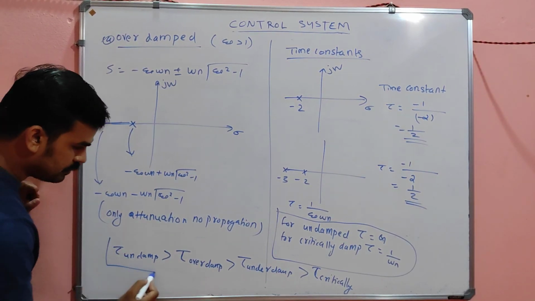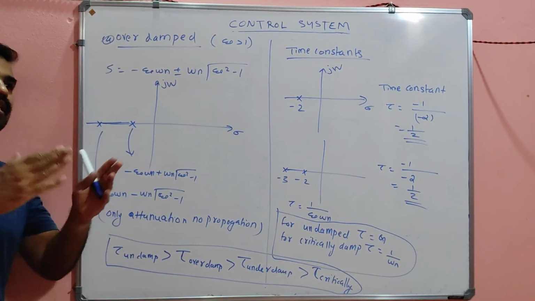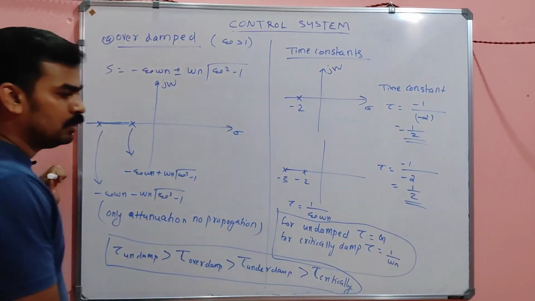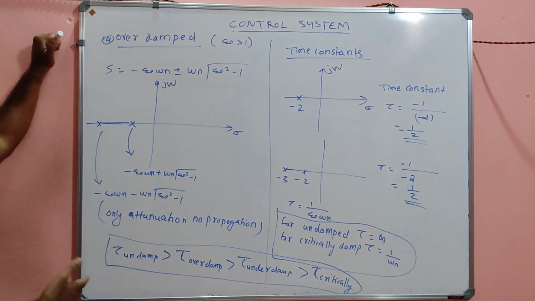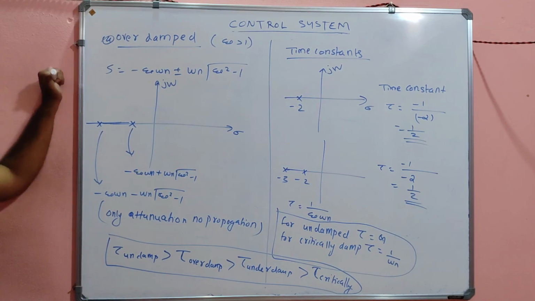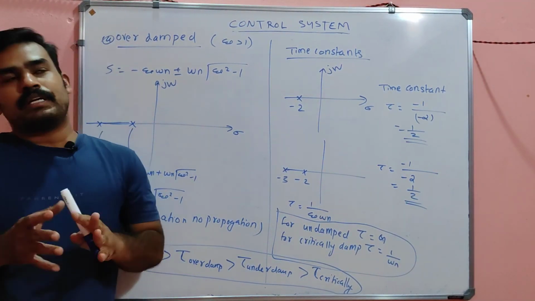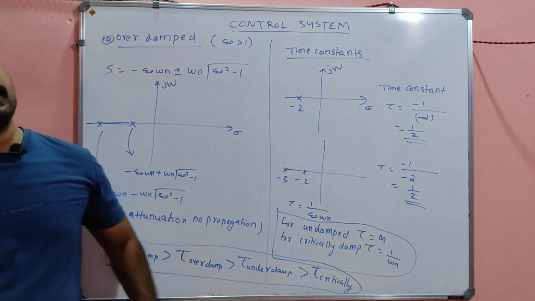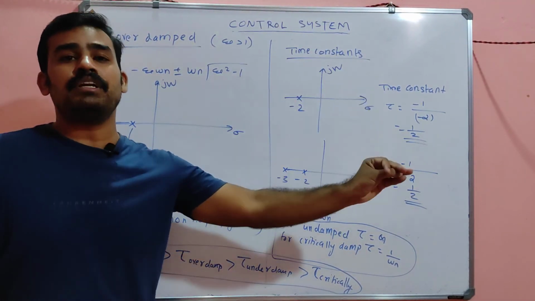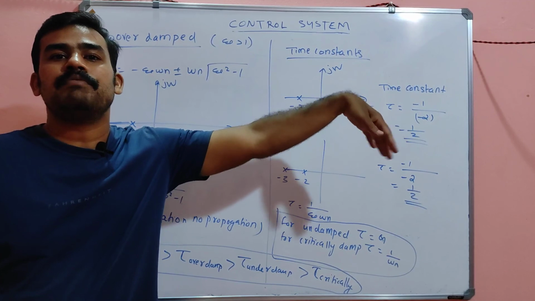You have to remember this: the time constant relationships over the whole underdamped, undamped, overdamped, all systems. See, the undamped system has infinity time constant, so it is always higher. So undamped, overdamped, and underdamped and critically damped. You don't need to forget the order, right? What do you mean by the undamped system? It will not damp. It exists for infinite time, or after infinite time, if you observe, the system is still not settled. The time constant will be infinity then.